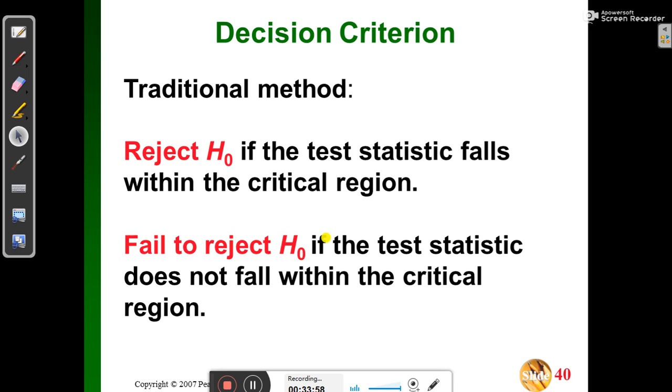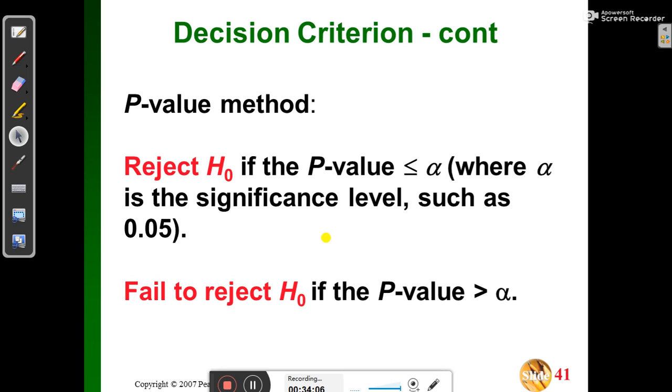If the test statistic does not fall within the critical region, we cannot reject the null hypothesis. Now how can we use the p-value as a decision criterion?